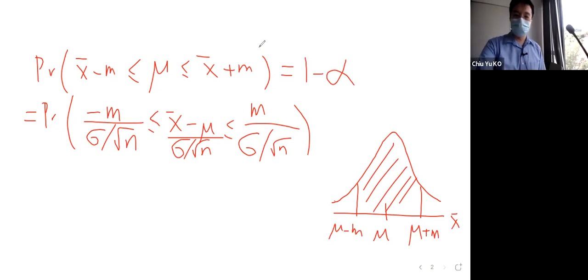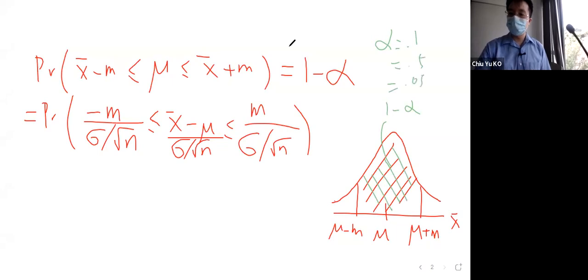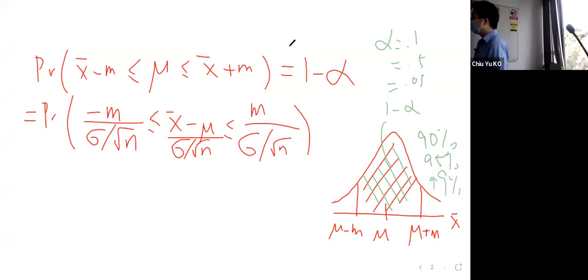We actually want this guy to be 1 minus alpha. Alpha is a very small number, usually 0.1, 0.05, or 0.01. Basically I want it to be, say, 90%, 95%, or 99%. I want 99% of the time the interval to include the mu, or 95 or 90 percent.